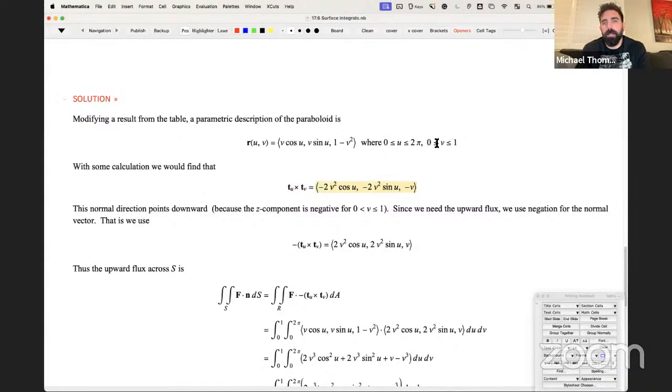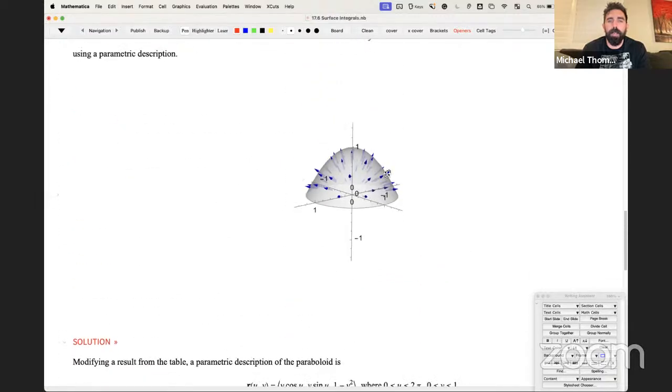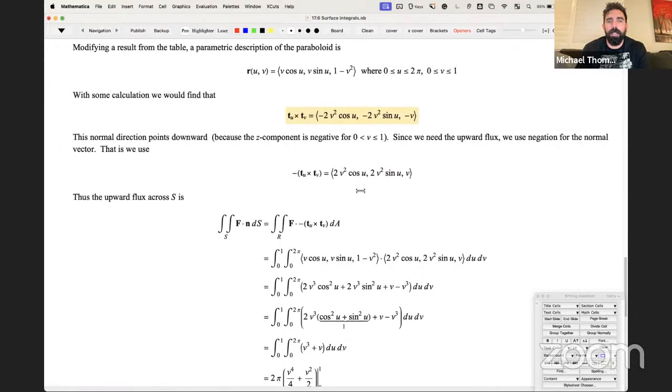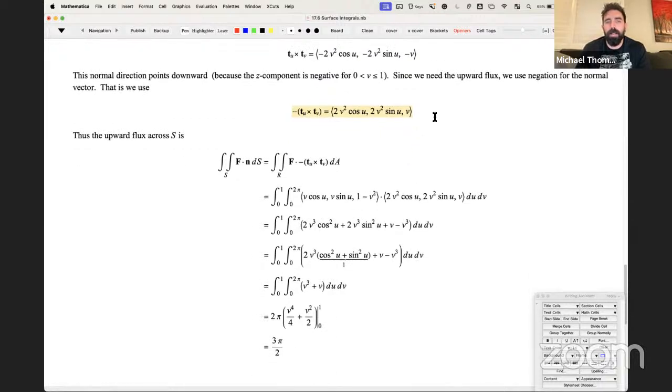Since v is between 0 and 1, the z component is going to be negative. This points in the wrong direction, right? It actually points inward, downward. So it's a real quick and easy fix, though. All we have to do is negate the vector and use that instead.